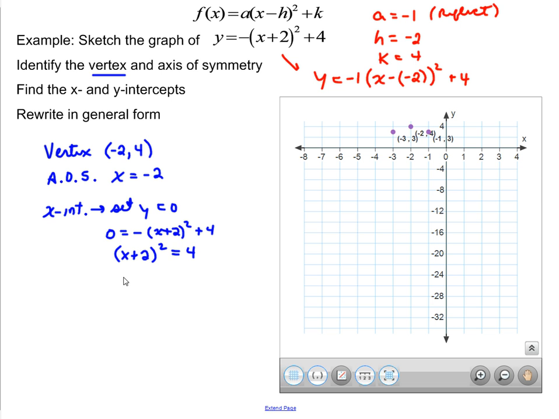And if we take the square root of both sides to isolate our x term, then x plus 2 will equal plus or minus the square root of 4.